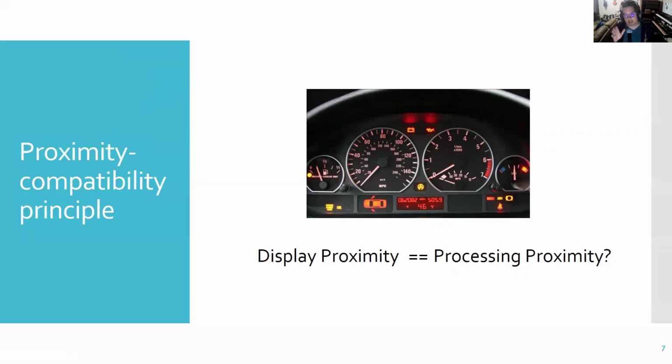And I'm not just talking about how close they are in space, it's how close they are in how likely you could be to sort of confuse them, I think is a good way to put it in this case. So how similar they look, which includes how close together they are, but also if they are the same shape and size, in addition to being near each other, that makes them that much more proximal in terms of their display proximity.